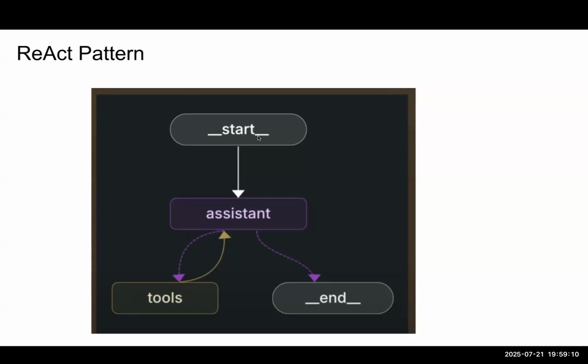So here you are starting the session, and then it goes to the assistant node, and then it uses the tools, and it uses the tools many times. That's why the circle is there. Consider this the main program.